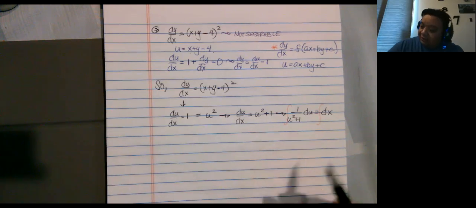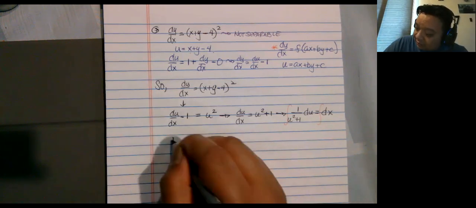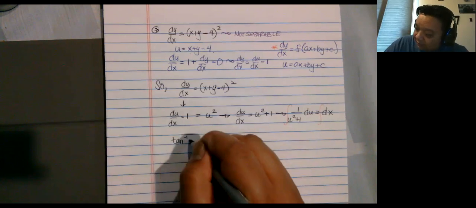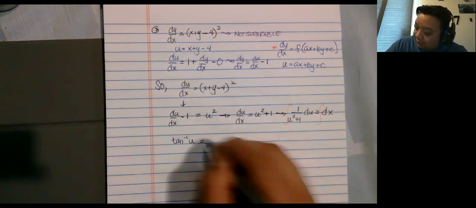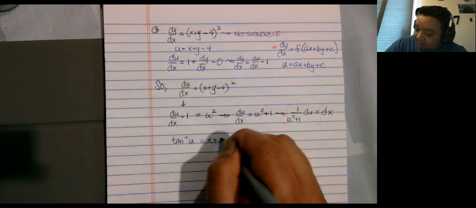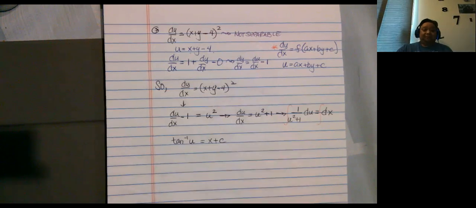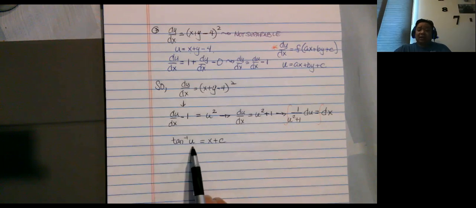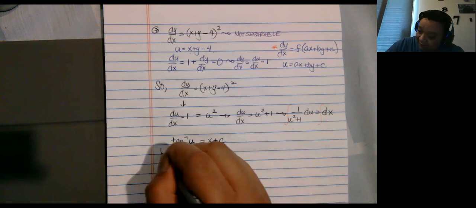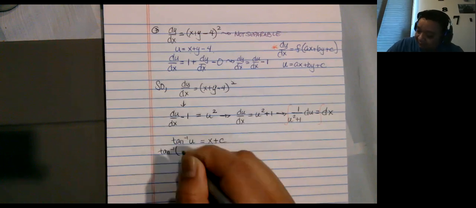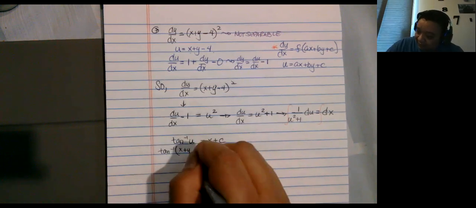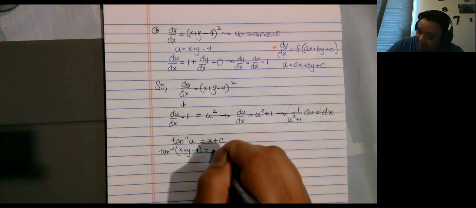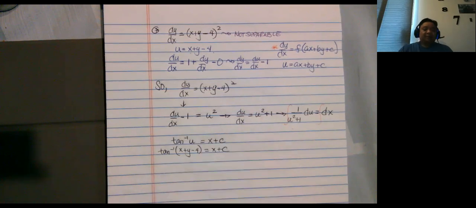Your arctangent, the inverse tangent of u, is equal to x plus c. And much like anything you've done with u substitution, after you integrate, you put it back. So this is inverse tangent of (x plus y minus 4) is equal to x plus c.